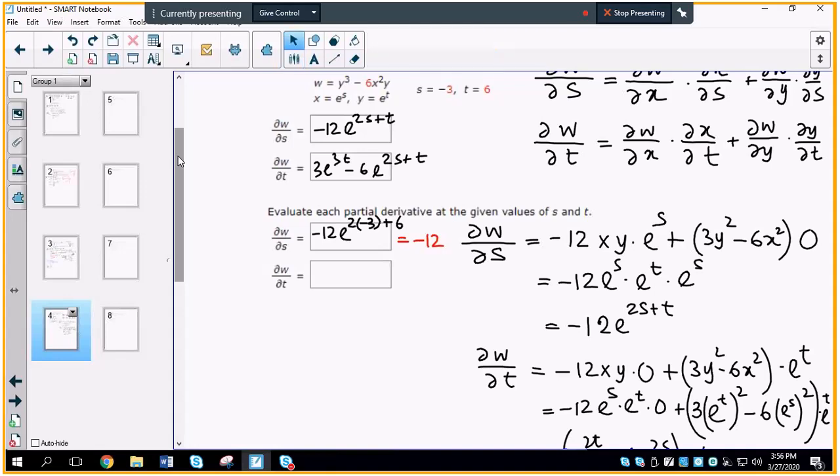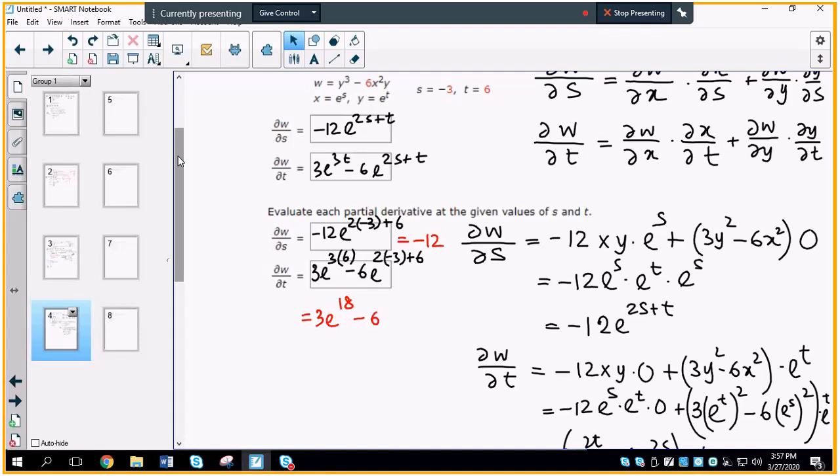Whereas the second one, I do 3e to the power 3 times 6, minus 6e to the power 2 times s, which is -3 plus 6, as we have done in the previous one. And this one is going to be 3e to the power 18 minus 6 times e to the power 0, so minus 6.